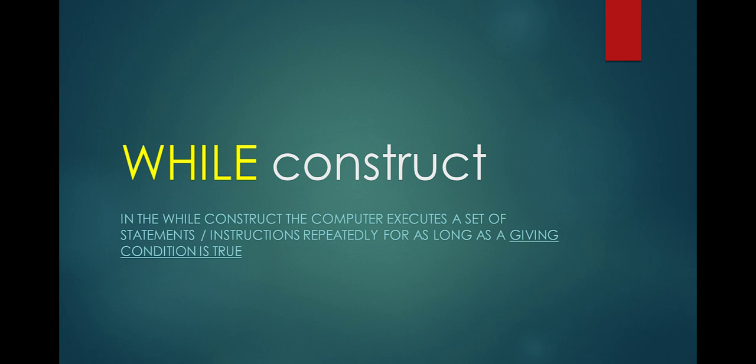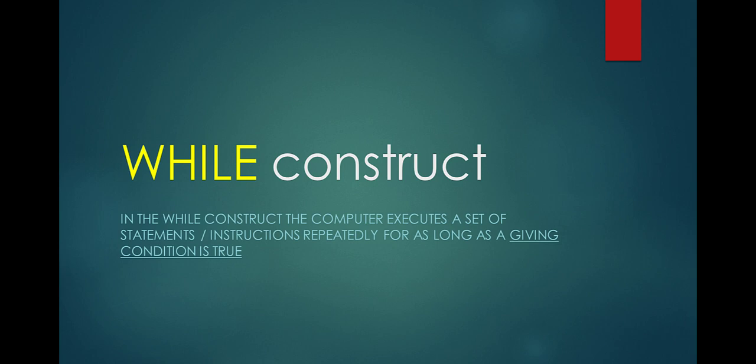So it's the same as a while constructor. The while constructor continues to execute a statement or a command as long as the situation remains or the condition remains true. But as soon as the condition has changed to false, it exits the loop.